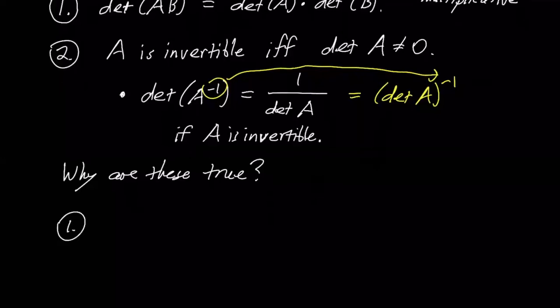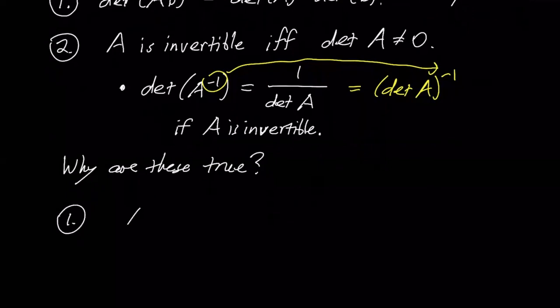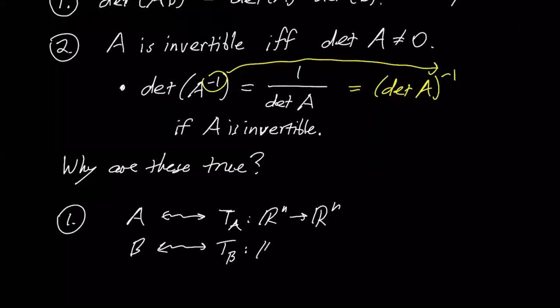But if we interpret it from the transformation perspective, which was our original definition of the determinant, then it actually becomes natural. Remember that A is the matrix of some transformation, let's call it T sub A, and B is the matrix of some transformation T sub B. And these are both n by n matrices, so these are both maps from R^n to R^n.